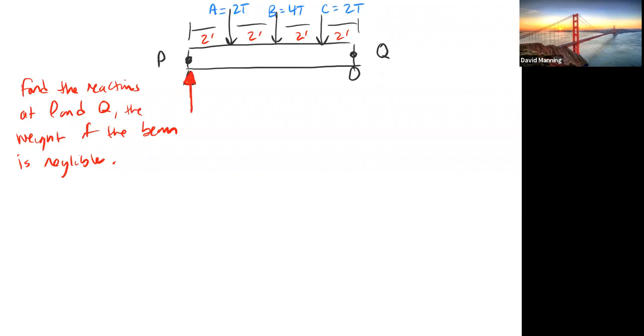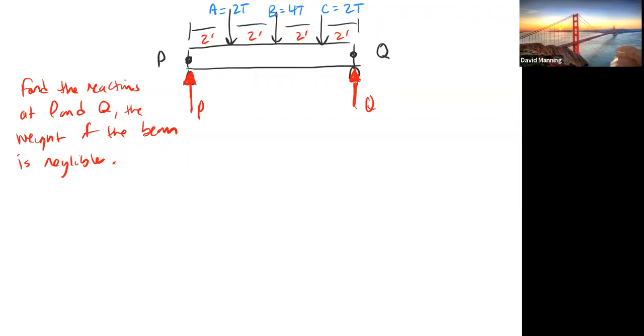We got that, and then we got one over here, a roller and a knife edge. Now you know a knife edge also has an X support, but there's nothing for it to react. There's no left to right movement in this system. So the support at P that's in the X direction gets eliminated. We won't worry about that until non-concurrent force systems. But it's there if it needs to be, because that's a knife edge.